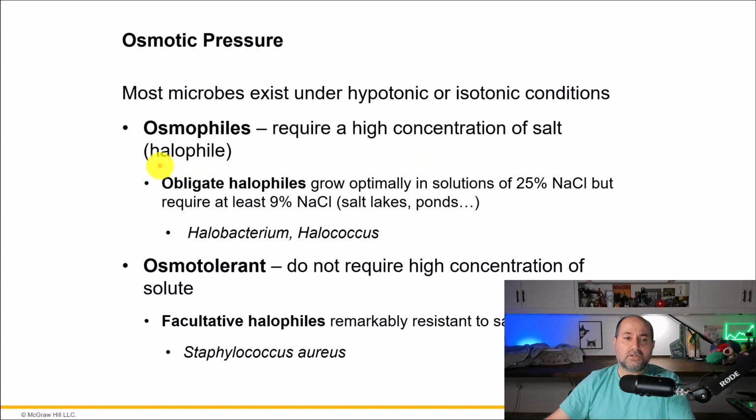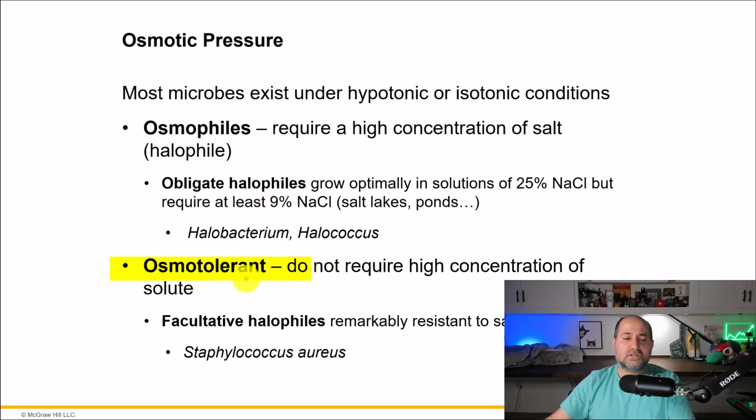And if it's salt that they require, it's called a halophile. Halophiles require high salt. So an obligate halophile is an organism that requires high salt in order to grow, so a hypertonic environment of salt in order to grow.